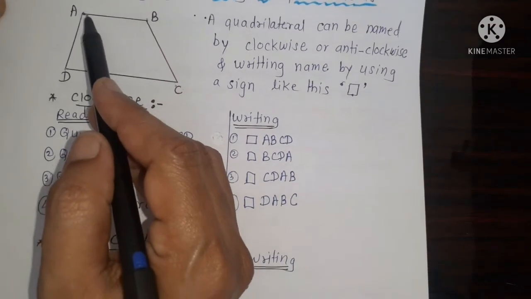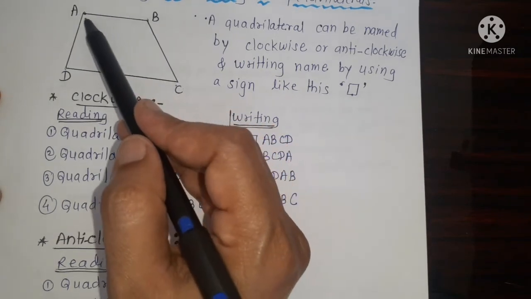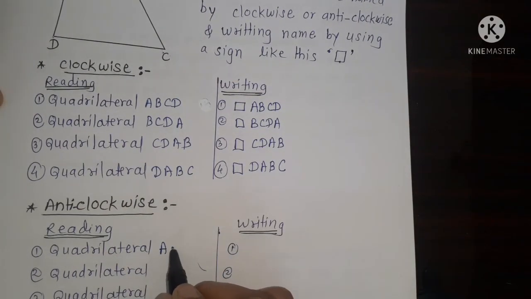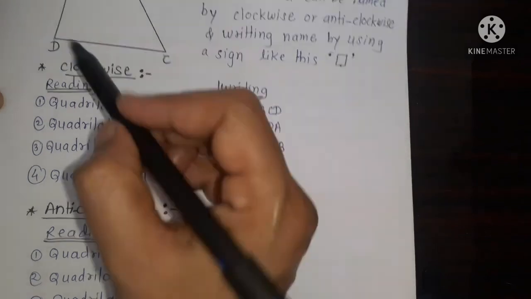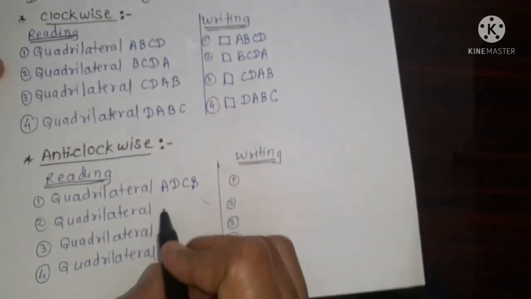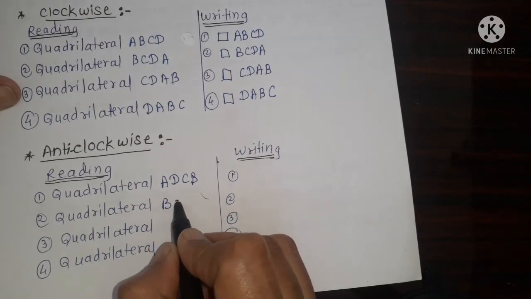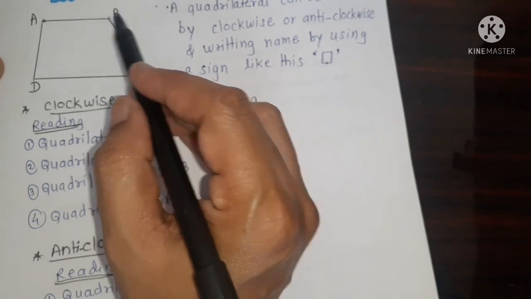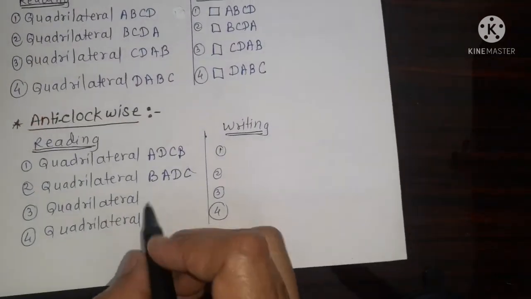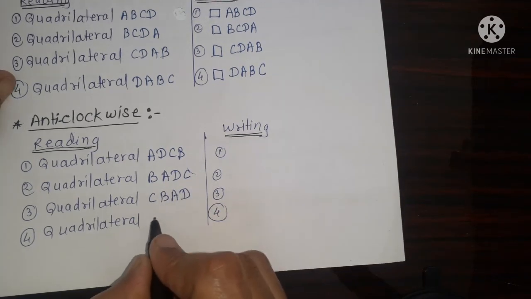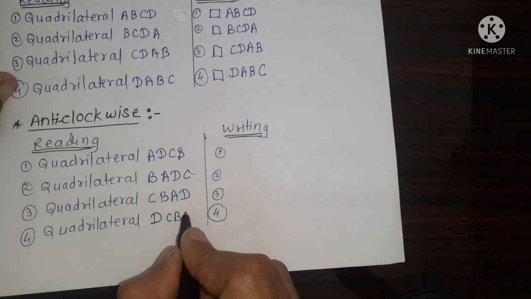First, start from vertex A, quadrilateral ADCB. Now start from vertex B, quadrilateral BADC. Now start from vertex C, quadrilateral CBAD. The name starting from D is quadrilateral DCBA.